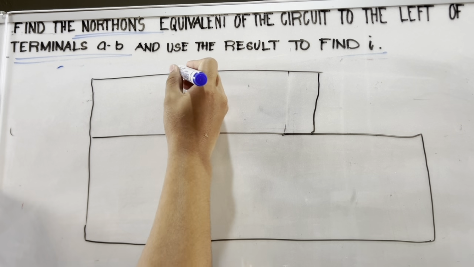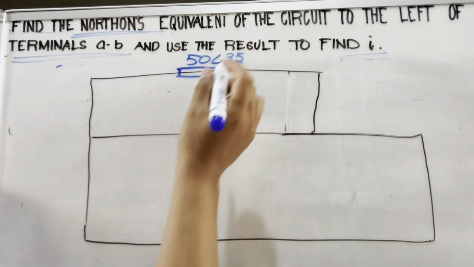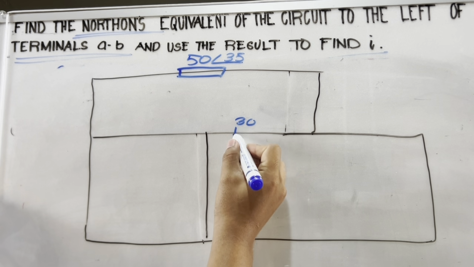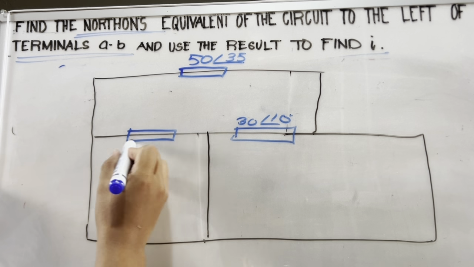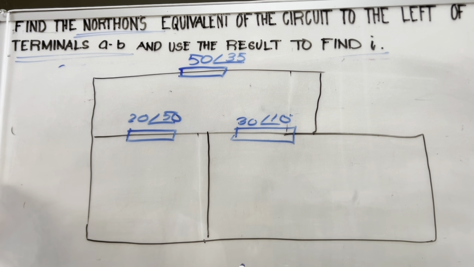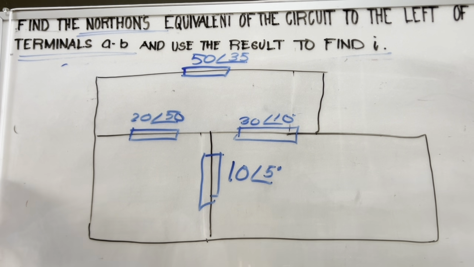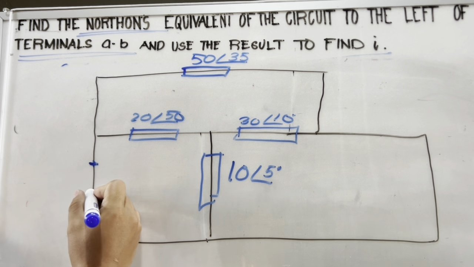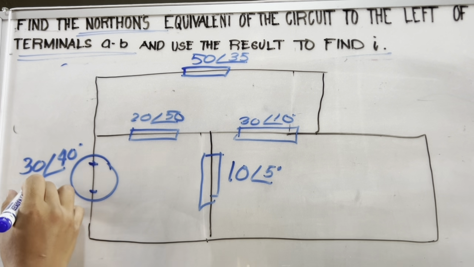This is our impedance 50 angle of 35 degrees, our impedance 30 angle of 10 degrees, and 20 angle of 50. We also have impedance here which is 10 angle of 5 degrees, and of course our source, this is positive to negative 30 angle of 40 degrees volts.